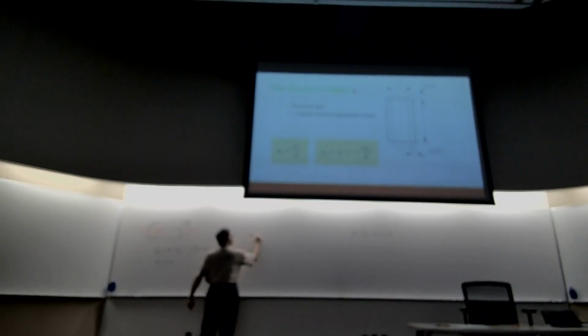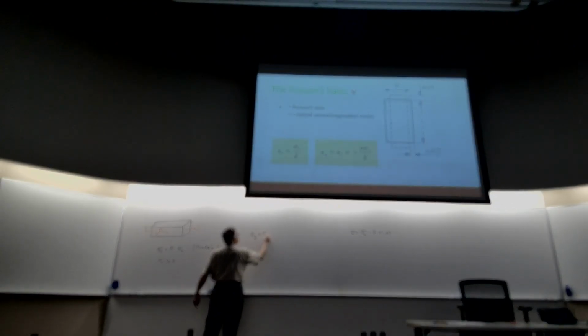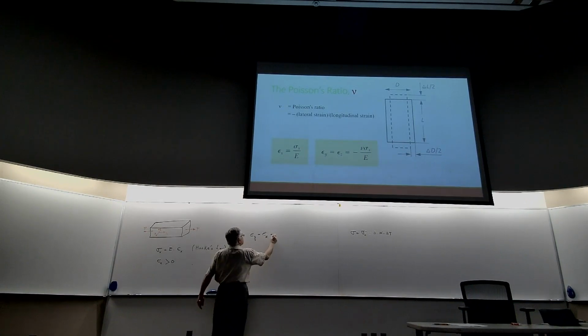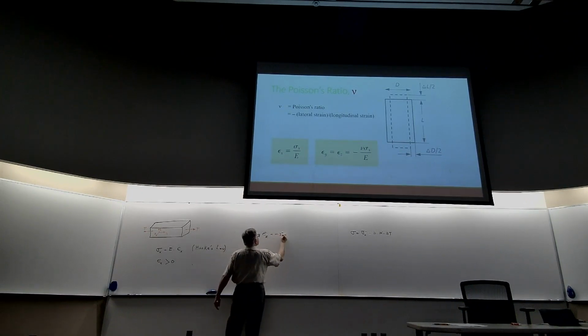But at the same time, the cross-section shrinks in size. So we will have a negative epsilon y, which is the same as epsilon z, and they are minus nu times epsilon x, where nu is called the Poisson ratio.